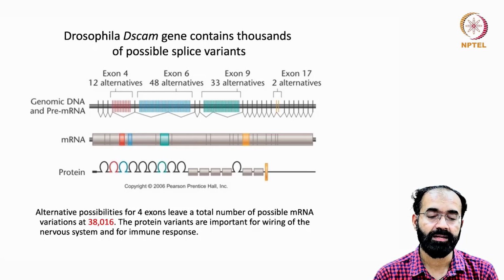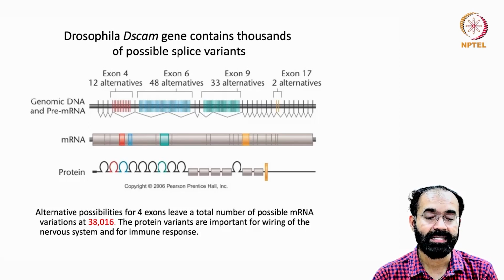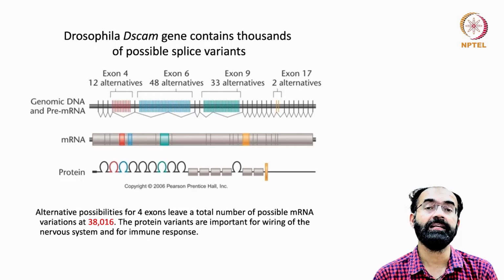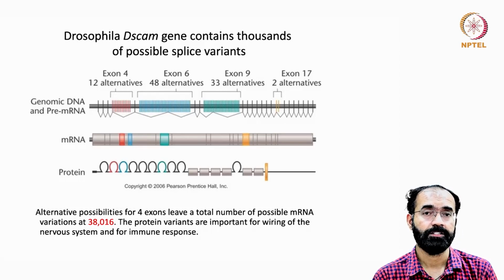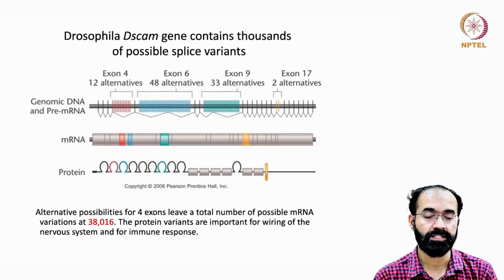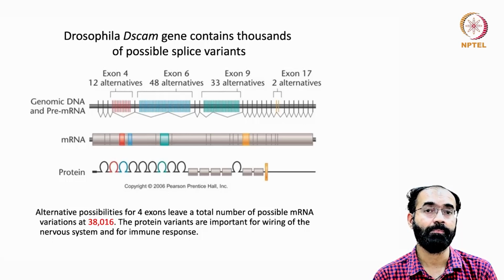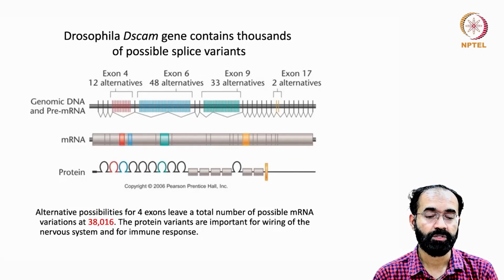At the end of the day, once the mRNA is formed, it can bring up to 38,016 alternatively spliced products, which is larger than the human genome itself. The human genome is supposed to have about 23,000 genes. So one DSCAM gene in Drosophila is capable of encoding up to 38,016 varieties.